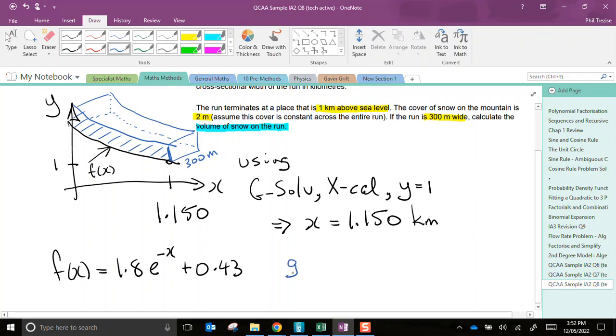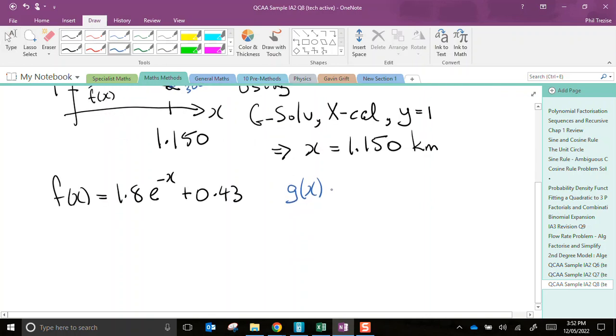Now I'll have a different function, g of x, that's this one at the top here, and literally it's the same formula with an extra 2 meters of height. So it'll read 1.8 by e to the negative x plus 0.43.